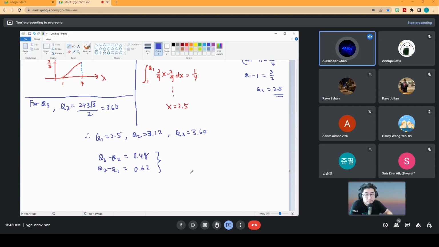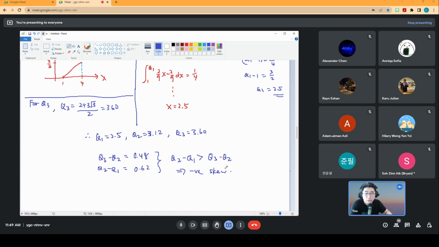Since Q2 minus Q1 is larger than Q3 minus Q2, therefore it is negatively skewed. Okay.